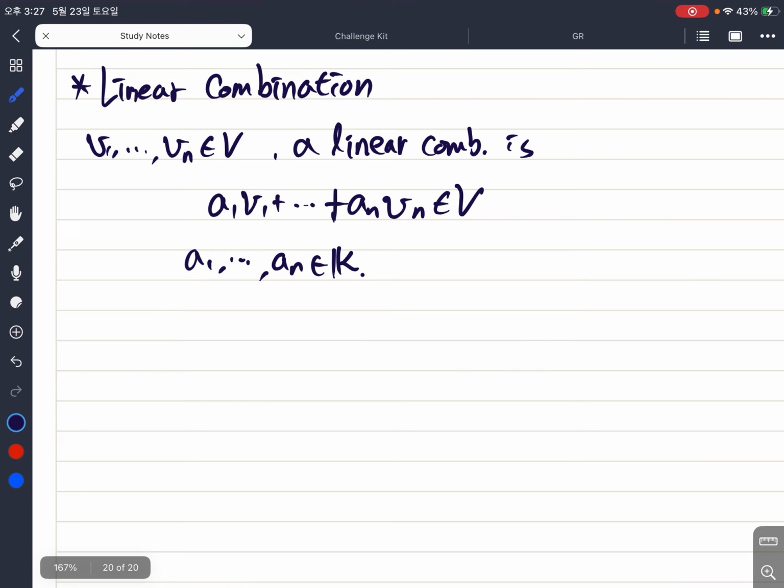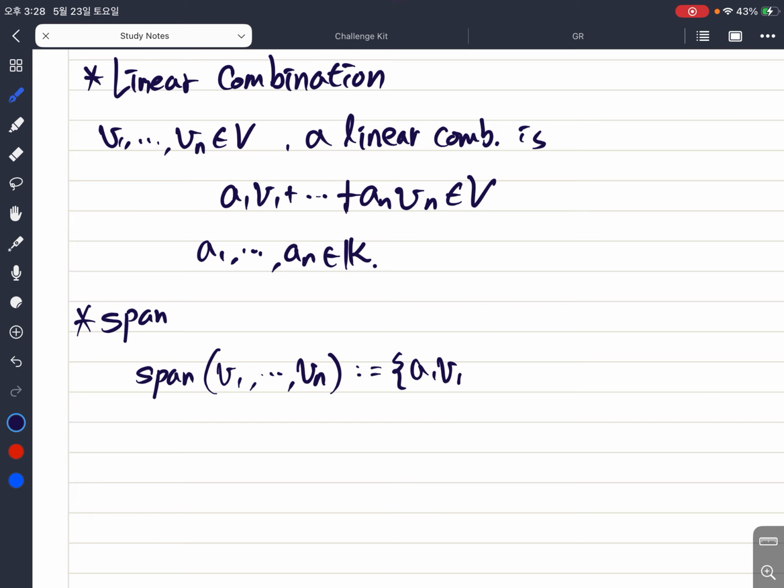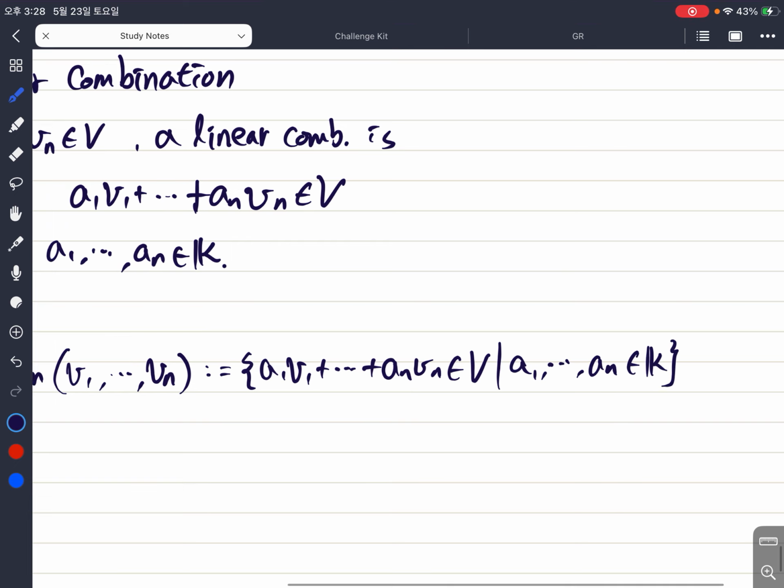And we define span. If you have some list v1, ..., vn, then you define the set of all the linear combinations a1 v1 plus ... an vn. Of course, this is a subset of V, so it is a set, and a1, ..., an are numbers.